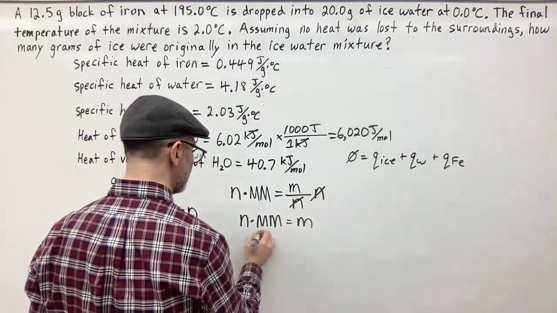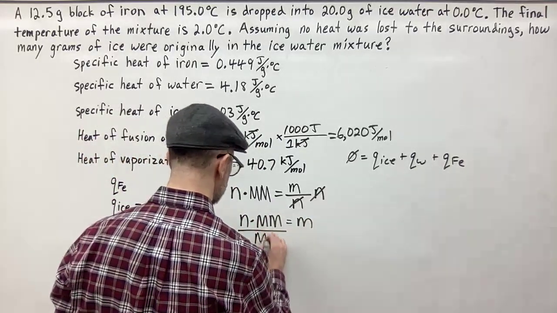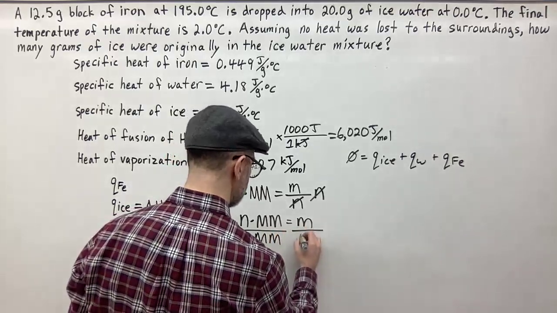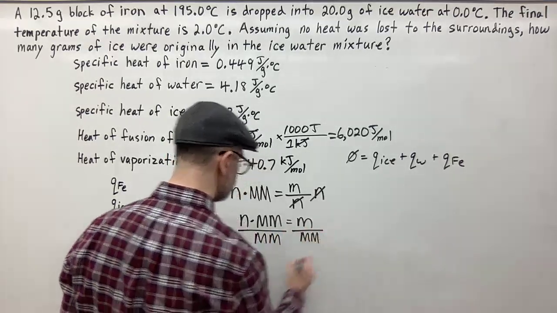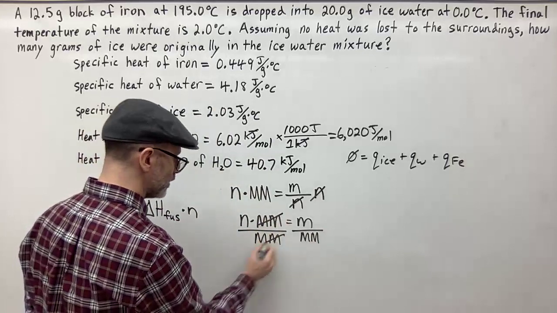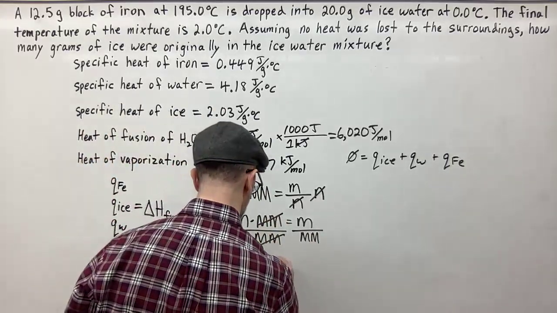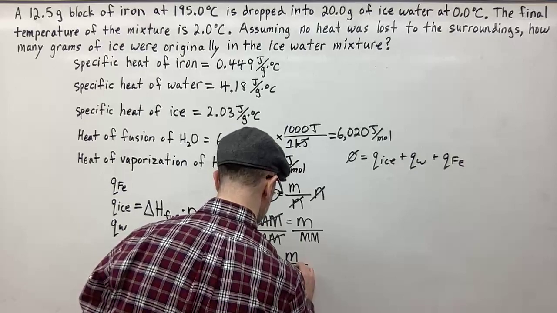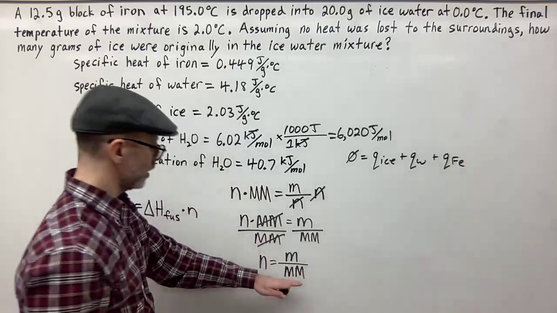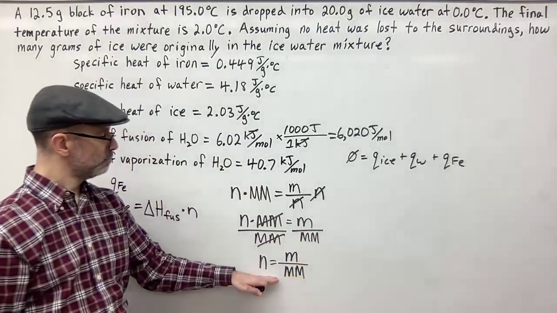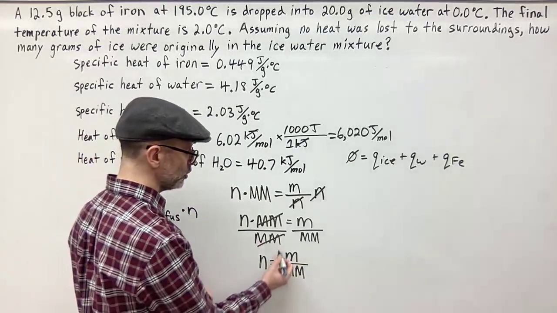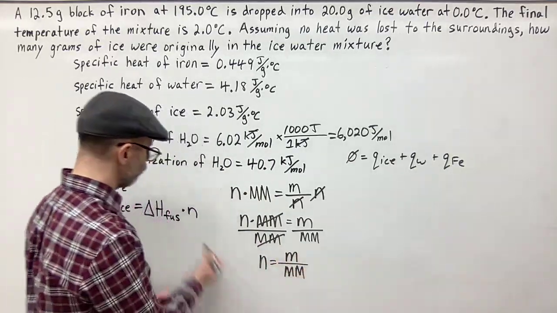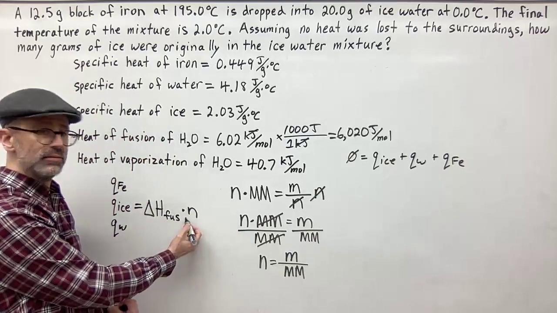But I want n by itself, so I'm going to divide by the molar mass on both sides. And so now molar mass cancels out, and I get the number of moles is equal to the mass in grams divided by molar mass. So now that I know this, I can substitute this in for n.